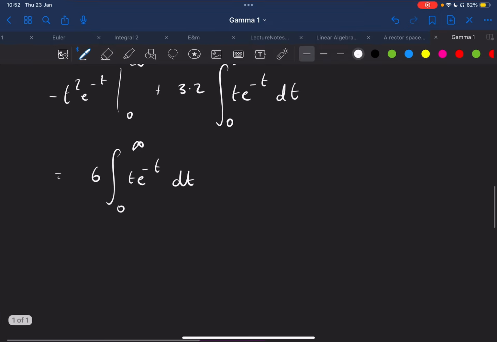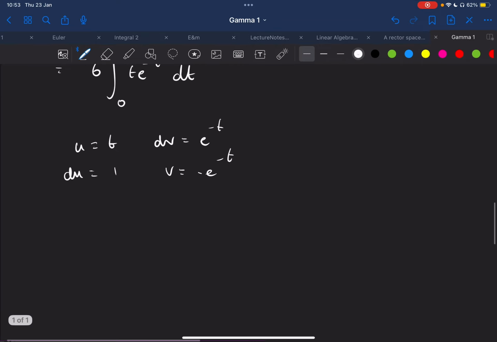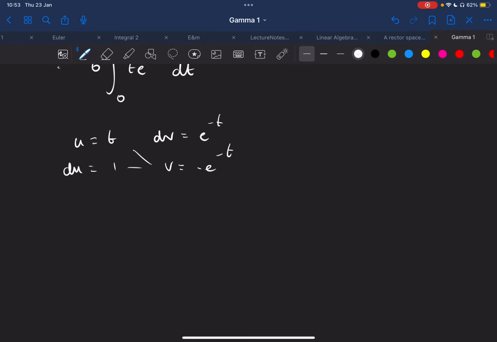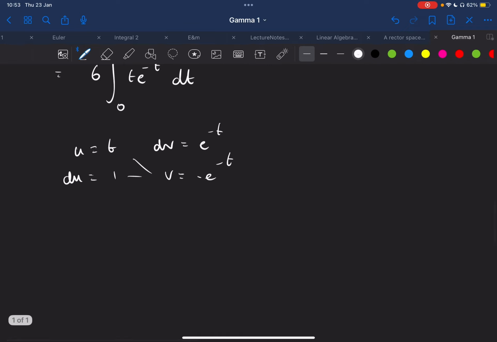And parts one last time. u is equal to t, du is equal to 1, dv is equal to e to the minus t, v is equal to minus e to the minus t. So uv minus the integral of v du, and that's going to be minus t e to the minus t between infinity and 0, which again is just 0, plus the 6 times the integral between infinity and 0 of e to the minus t dt.